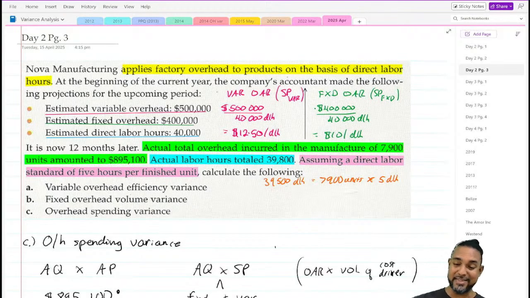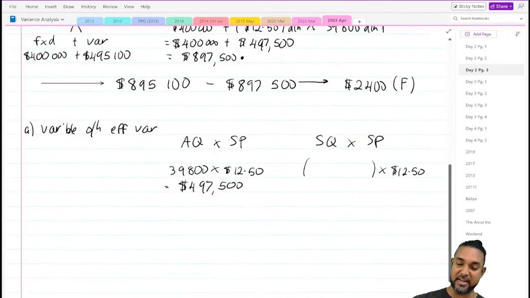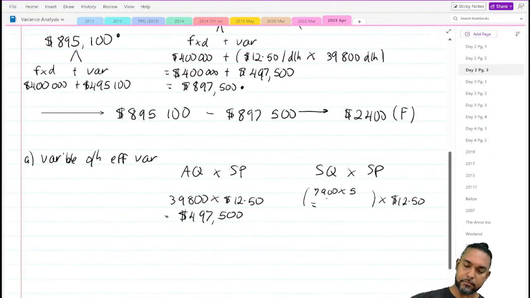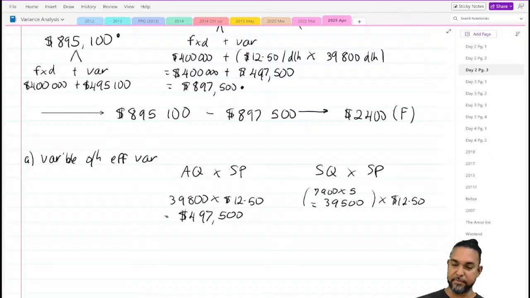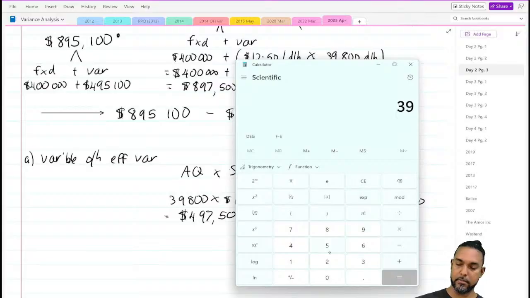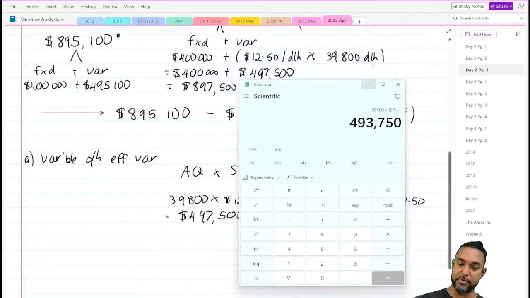So we have to multiply 7,900 by 5 to find the standard quantity of labor. That's 39,500. And then 39,500 by 1250 gives 493,750.